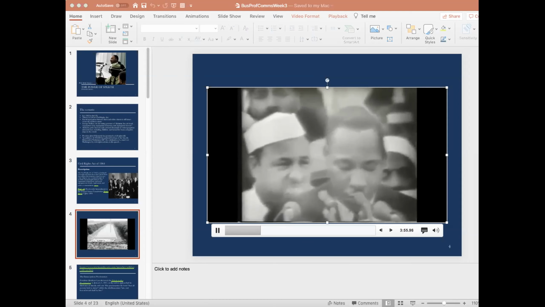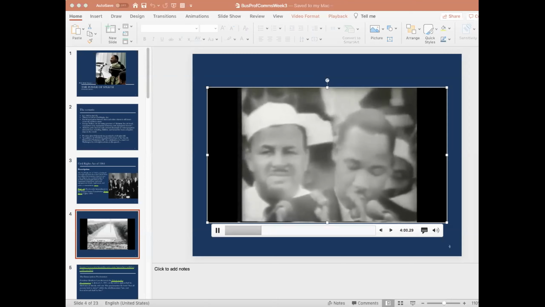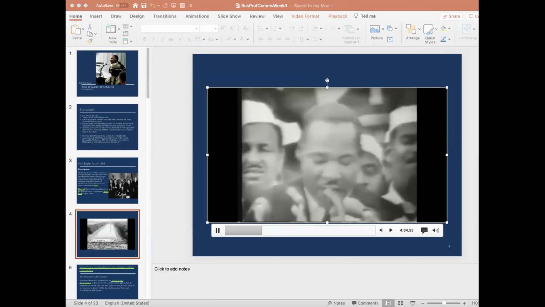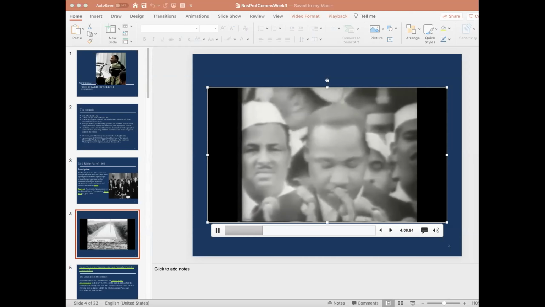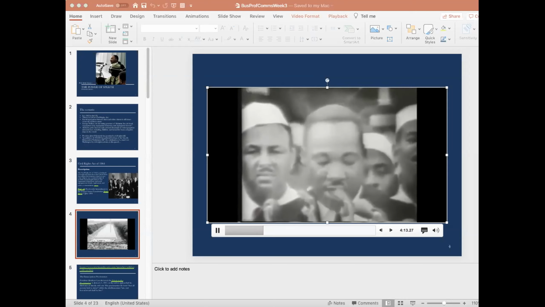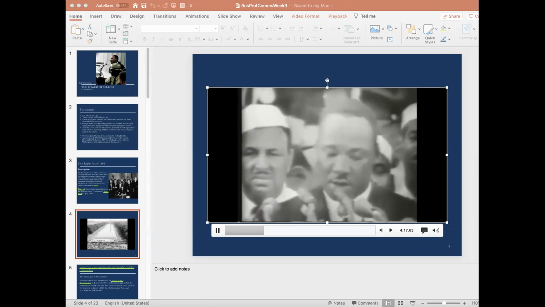But we refuse to believe that the Bank of Justice is bankrupt. We refuse to believe that there are insufficient funds in the great vaults of opportunity of this nation. So we've come to cash this check, a check that will give us upon demand the riches of freedom and the security of justice.